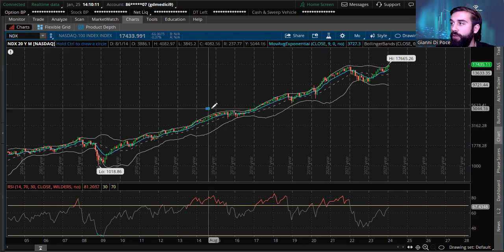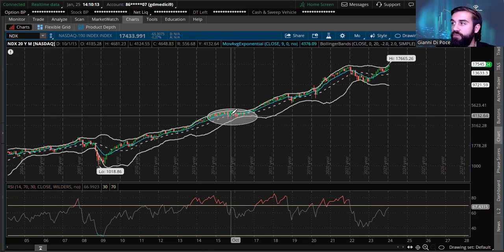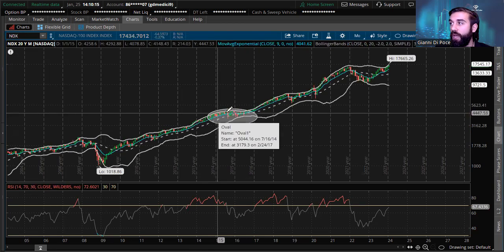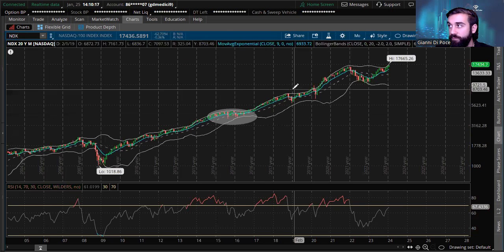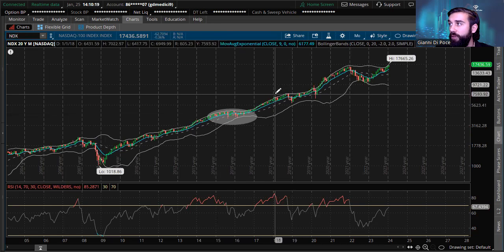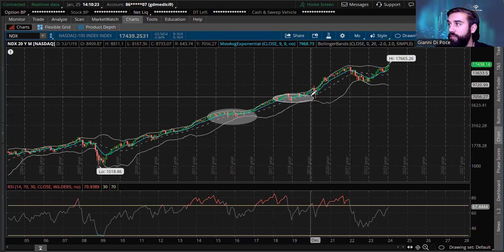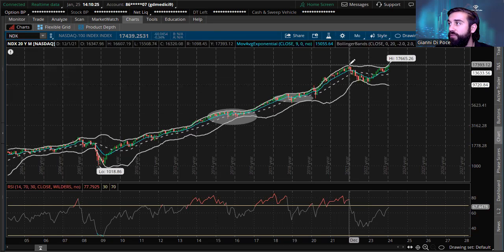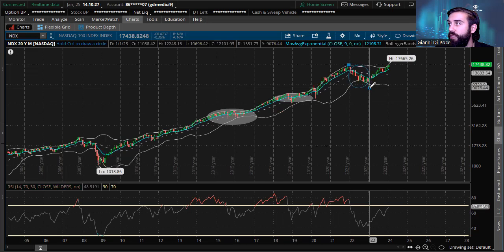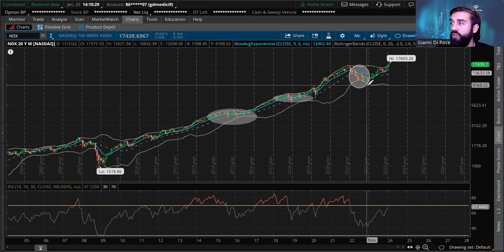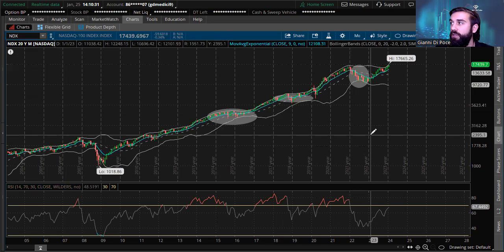You had a period here in 2015, 2016, where markets went sideways for almost 2 years. They did nothing. Then you had a period here in 2018, 2019, where markets didn't do all that much either. And then obviously you had a period in 2022 where markets actually fell pretty significantly.